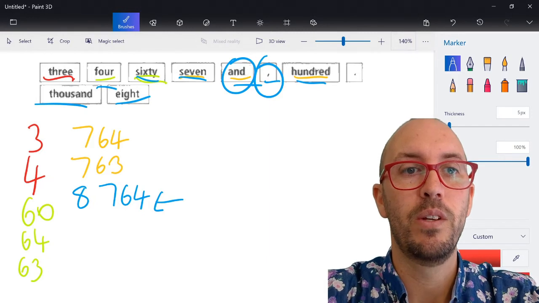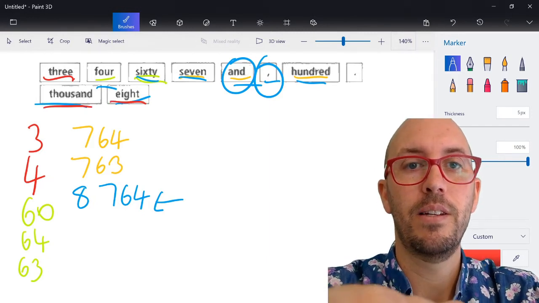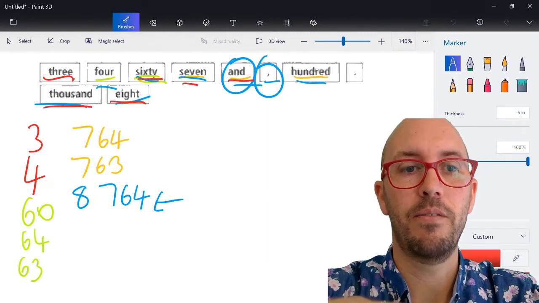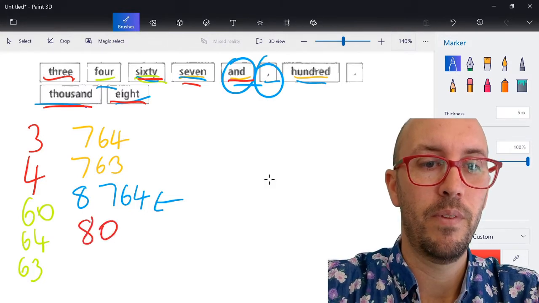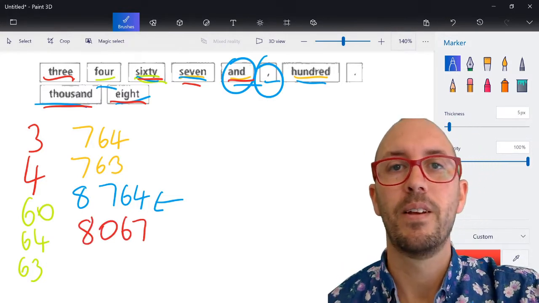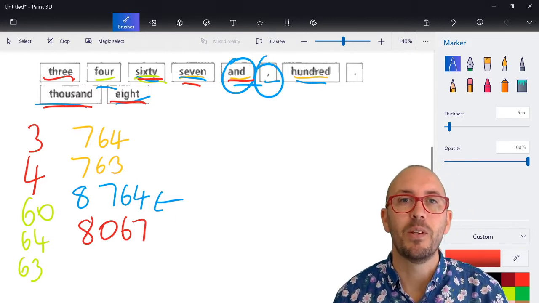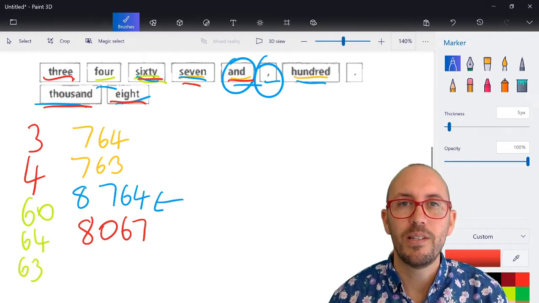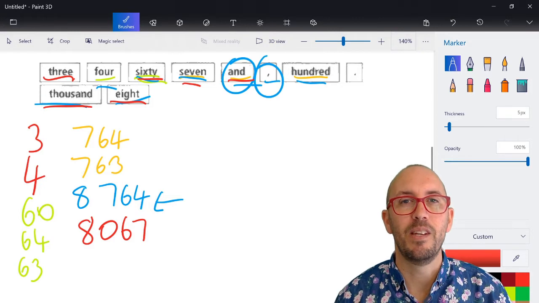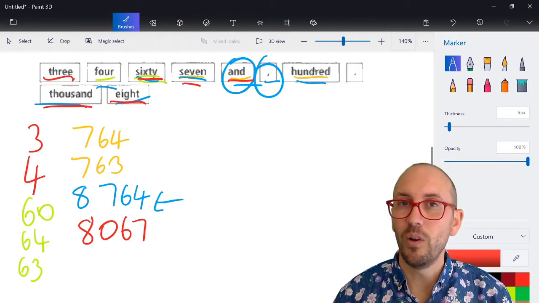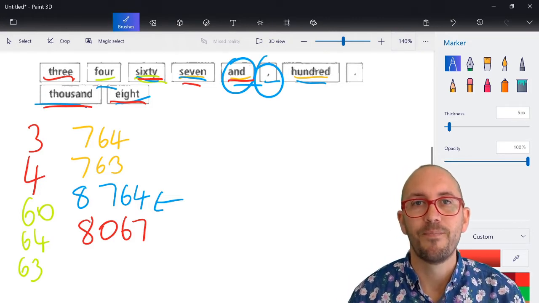So we could use 8,067. As you can see, there are plenty of numbers you can make using those words. This is going to keep you busy for a little bit. Try and find all of them if you can.